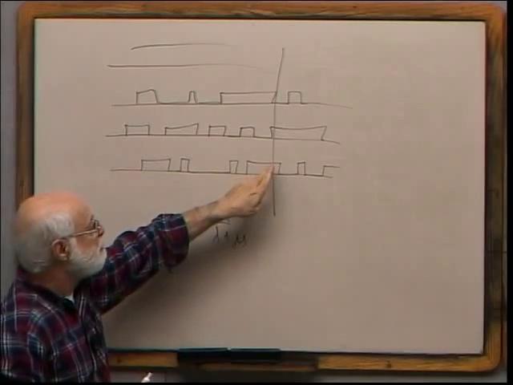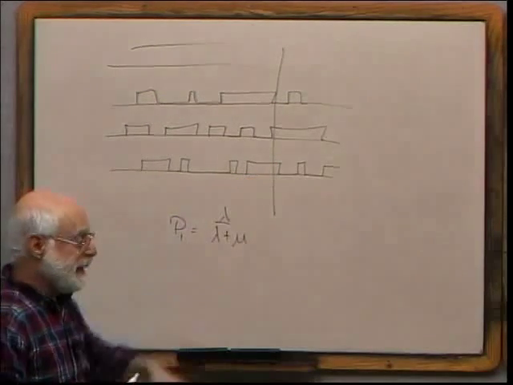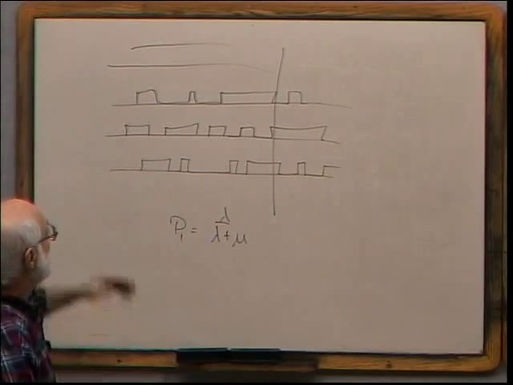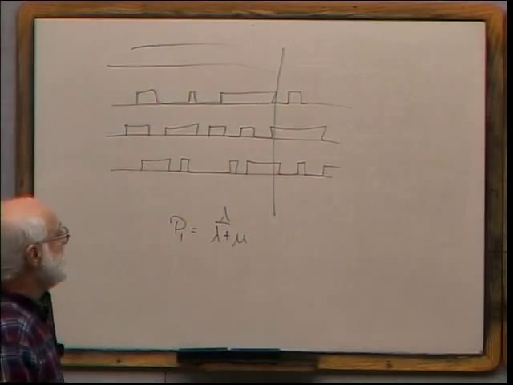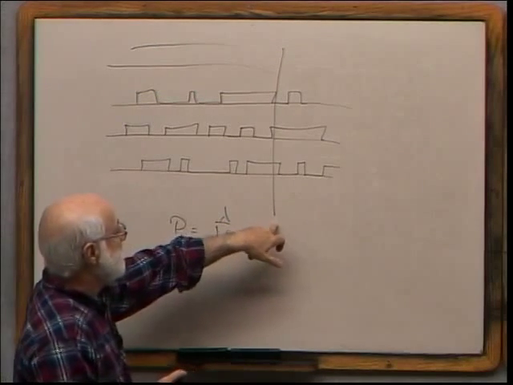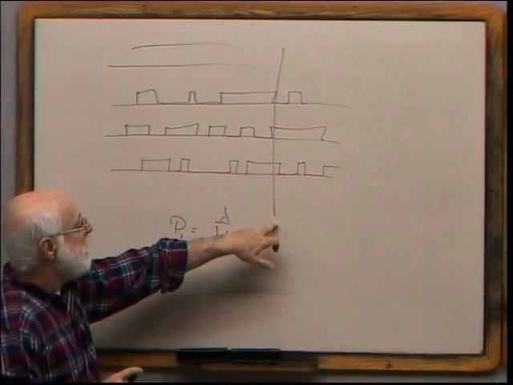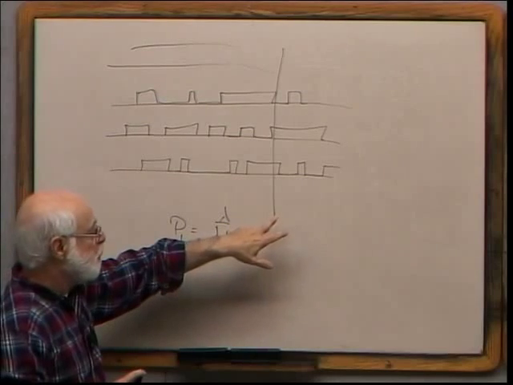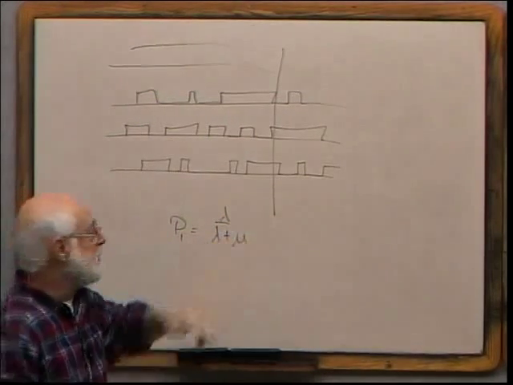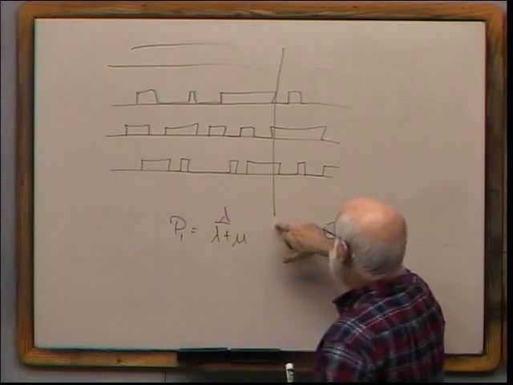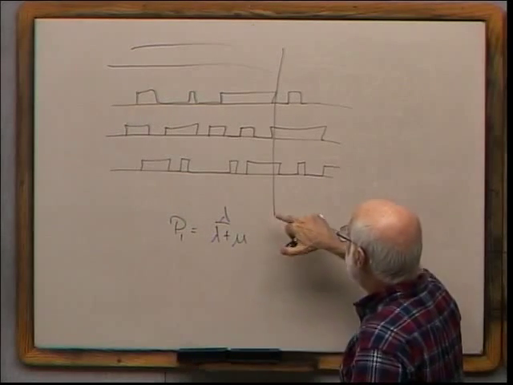Now I'm going to say that I've got an infinite number of systems, and they're all statistically identical. So if I look along this line and count what the fraction of these systems in state 1 is, it should be the same thing. I calculate this probability by starting here and simply looking at these systems.